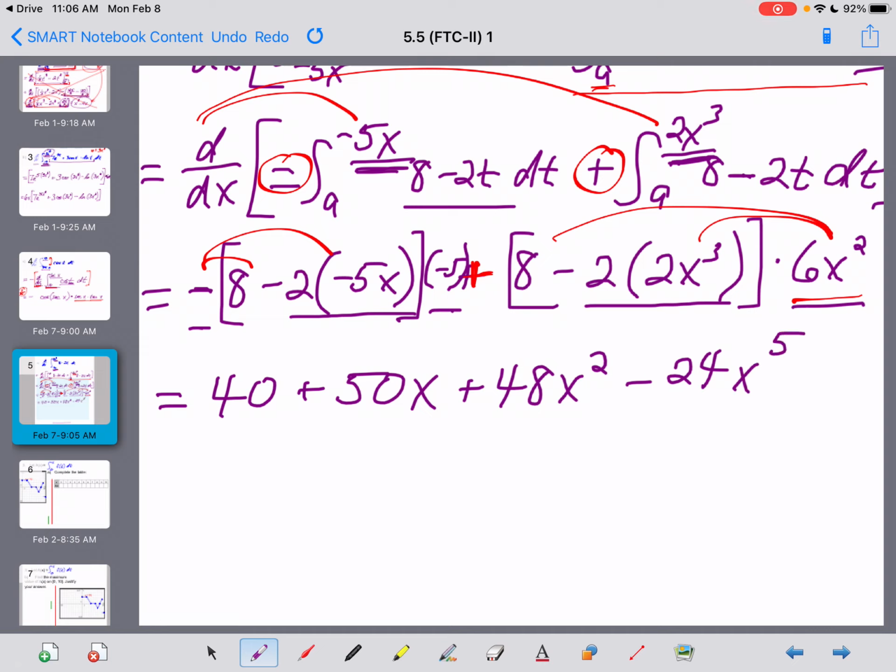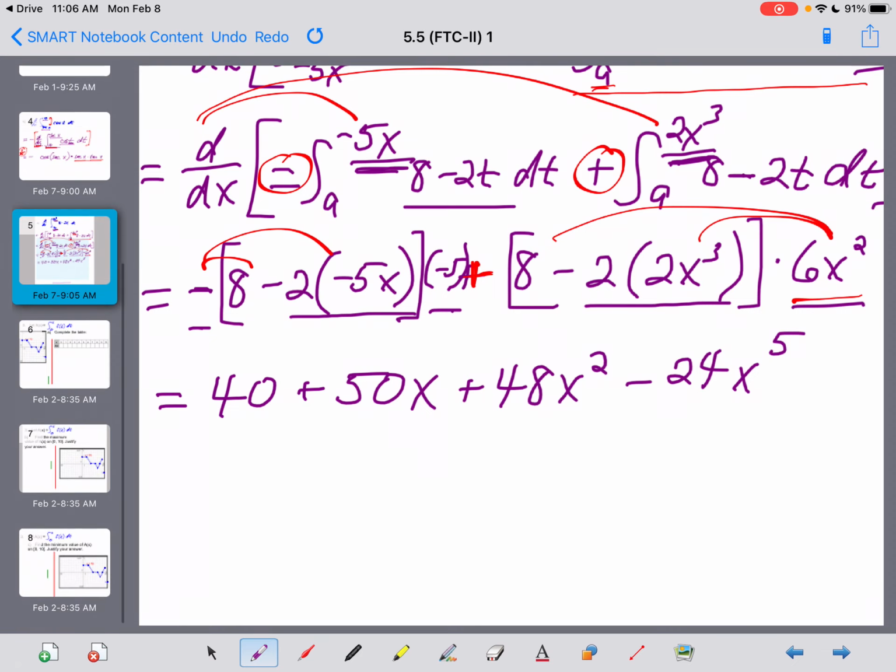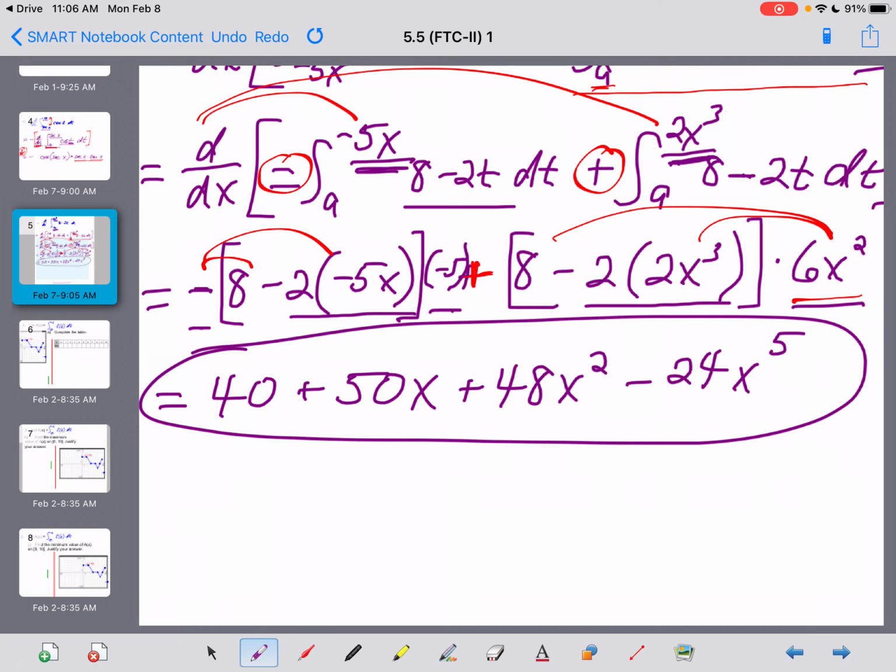Now, that polynomial right there, a 4-term quintic polynomial, is in the exact opposite order of what I would normally like to see it as, but nobody cares at this level. There's no rule that says you have to write a polynomial in descending order, so I am perfectly fine with that answer right there, and it doesn't look like it can be simplified any further than that.